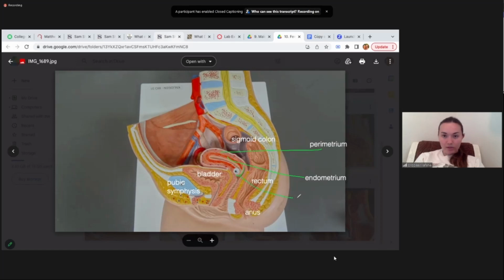That kind of circular shape, cervix. You could think of it as it looks kind of like the letter C, cervix. Then there's the vagina here. Uterus is the muscle, vagina is the tube with the opening. And then the bladder, we have the urethra here.